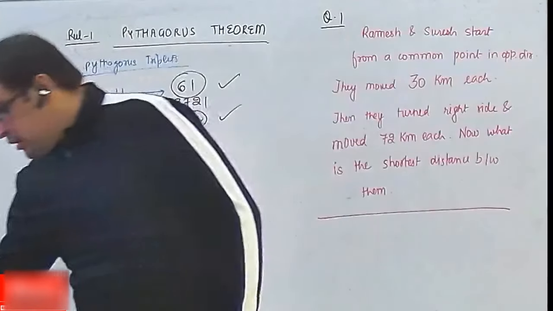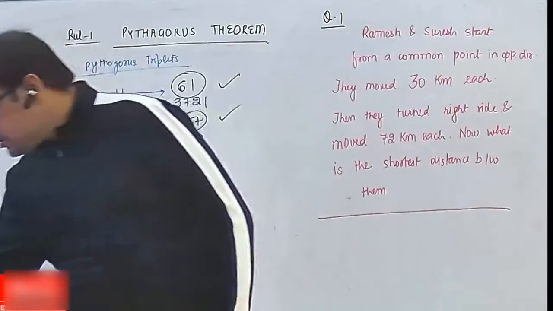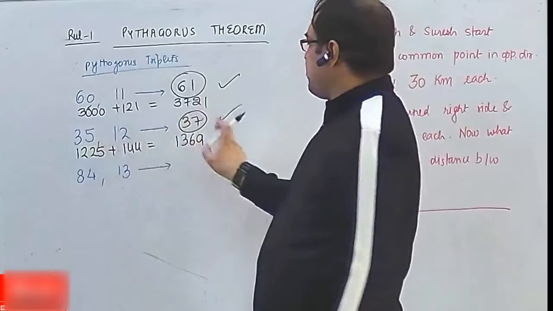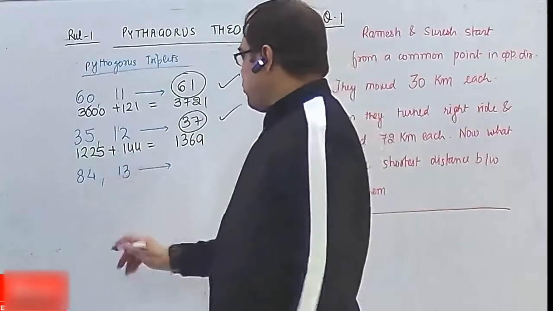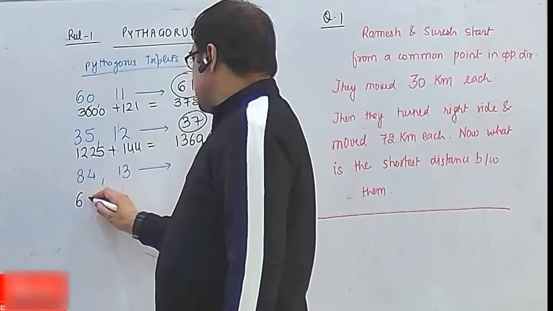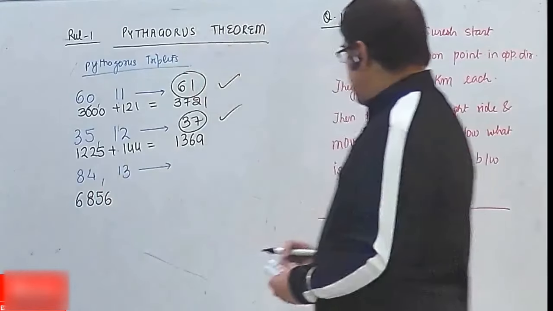Indirectly, follow the triplets. Directly you can see 60, 11 becomes 61, 35 and 12 becomes 37, and 84 and 13.